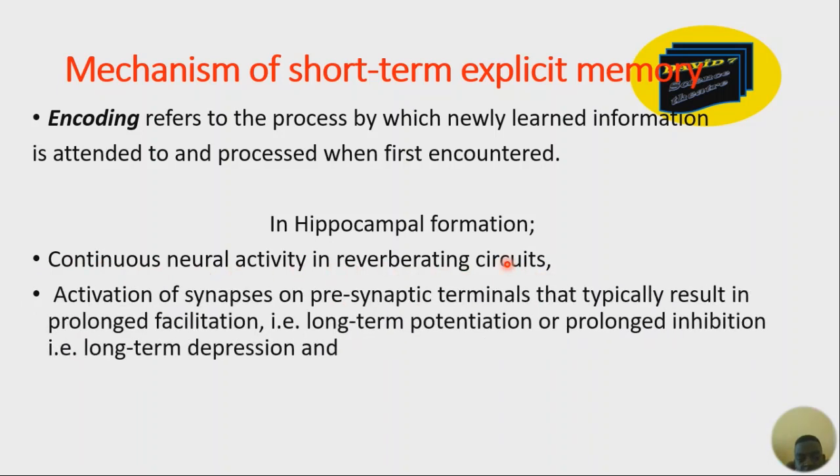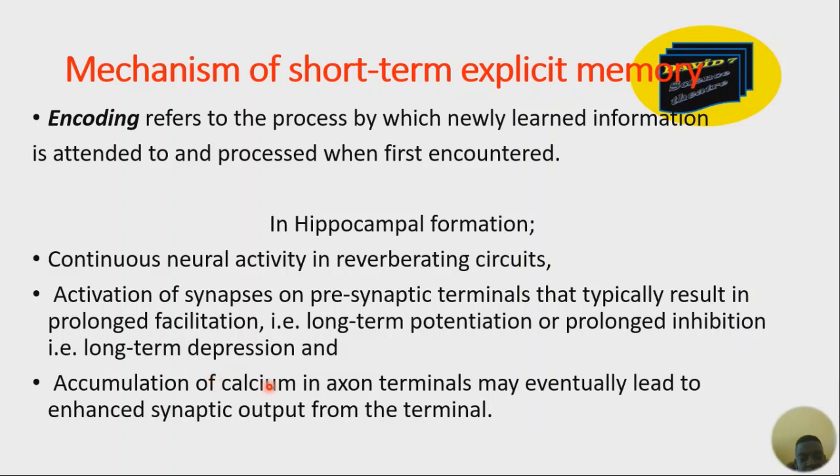Activation of synapses on presynaptic terminals typically results in prolonged facilitation, i.e., long-term potentiation, or prolonged inhibition, that is long-term depression, and accumulation of calcium in axon terminals may eventually lead to enhanced synaptic output from the terminal.